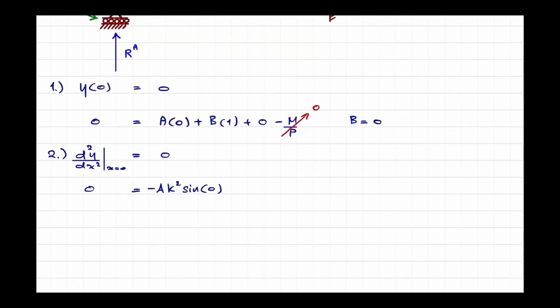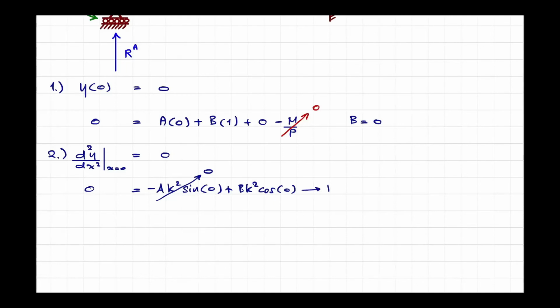Or, if you want, b k square cosine 0, which is equal to 1, plus 0 plus 0, because the RA term differentiated twice is 0 and the M over P differentiated is 0. So you get just this, which makes the part here 0.